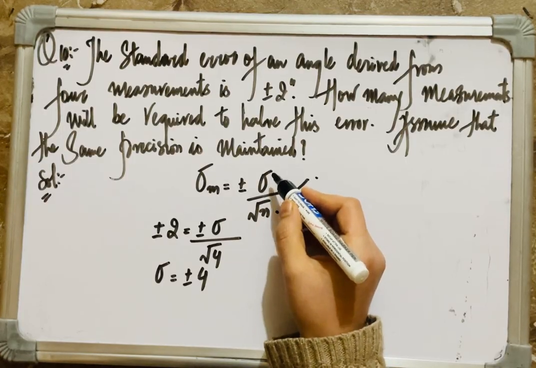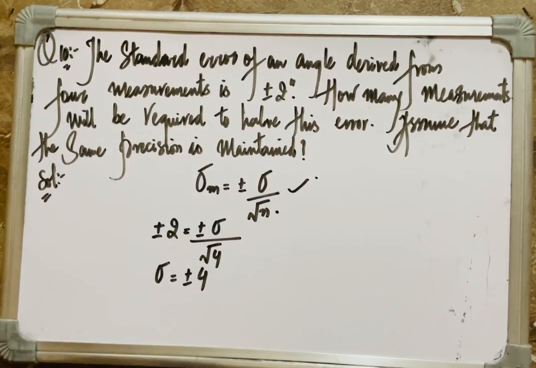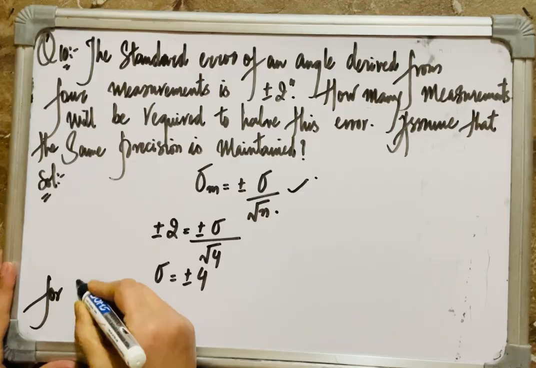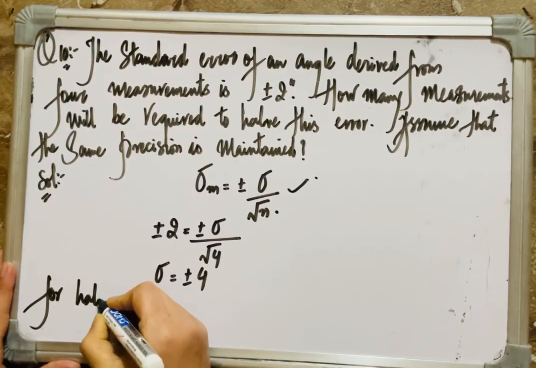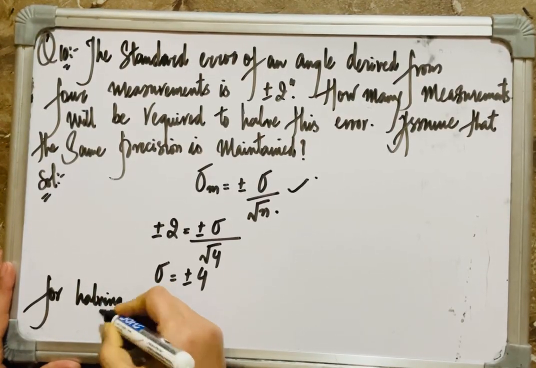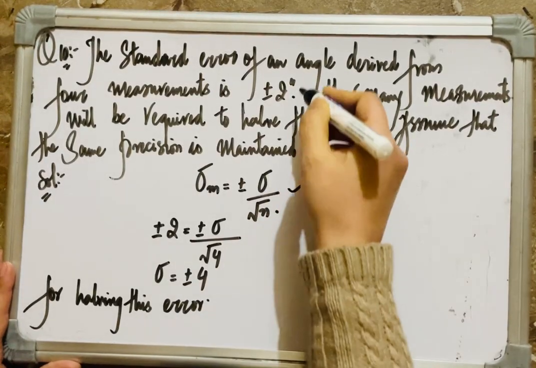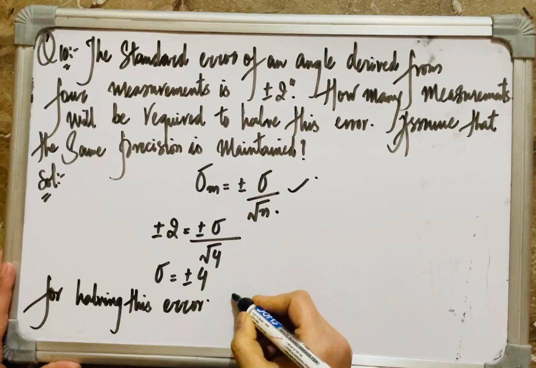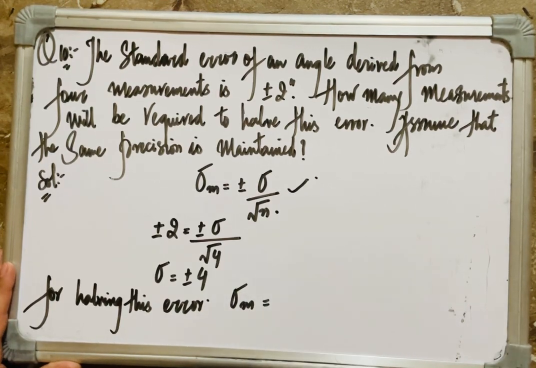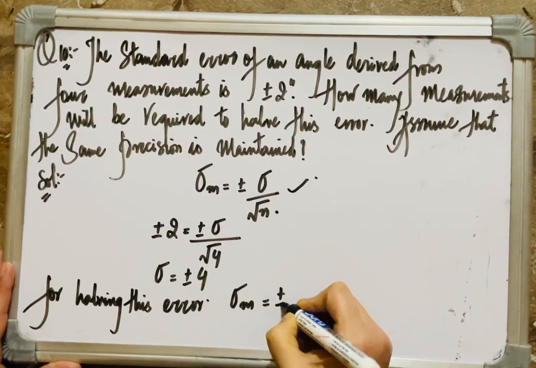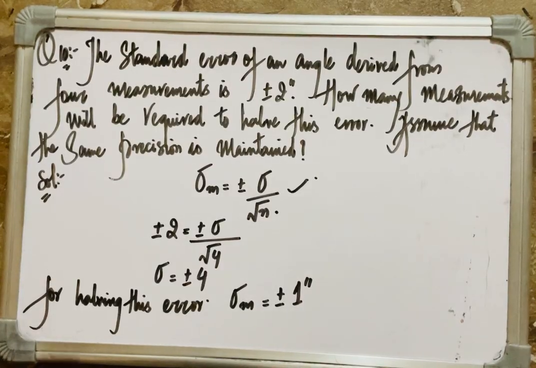So I calculated my sigma, it is plus minus 4. So for halving this error, we have to halve this. That means error in mean should be equal to plus minus 1 second.